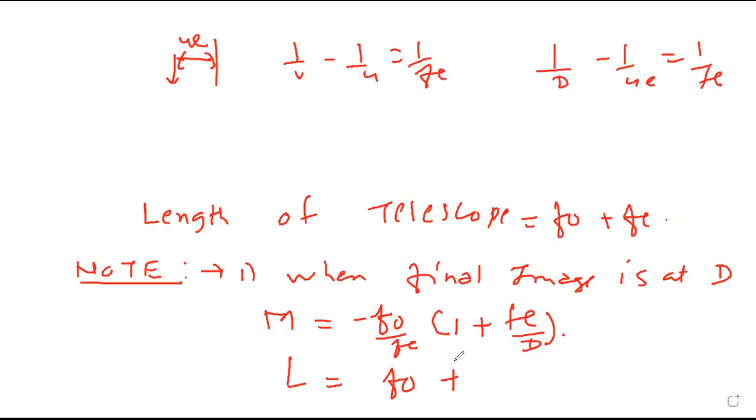When you simplify this, you will get UE as FE D upon FE plus D. Copy.